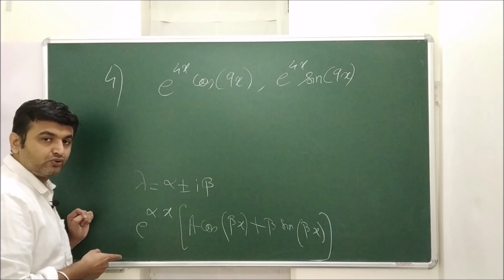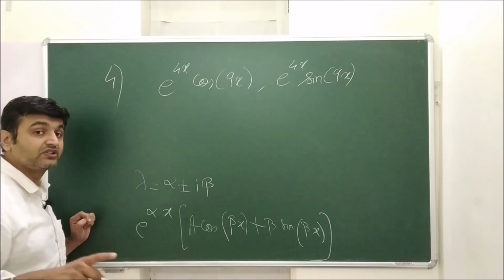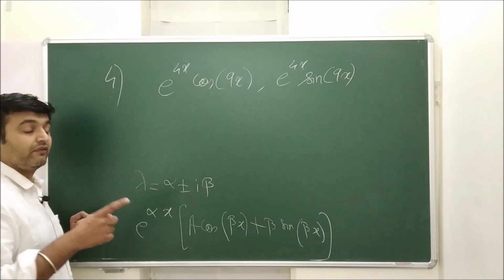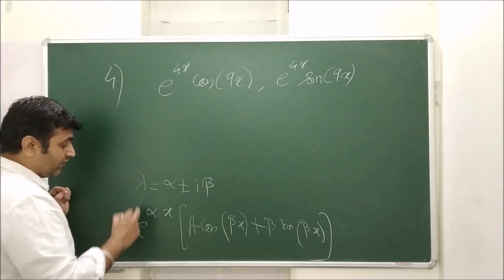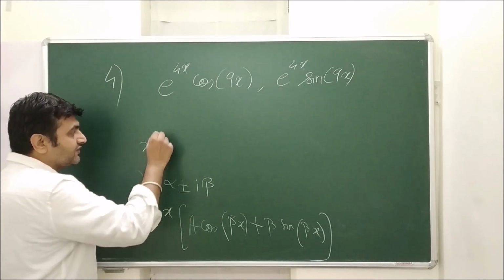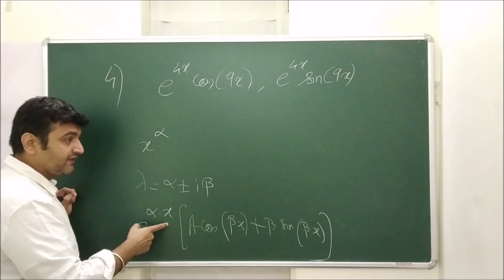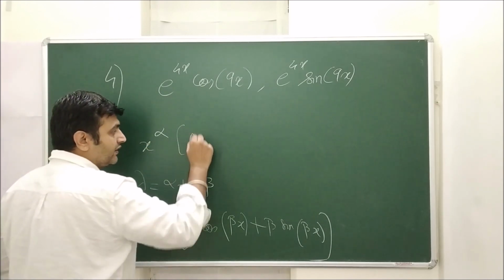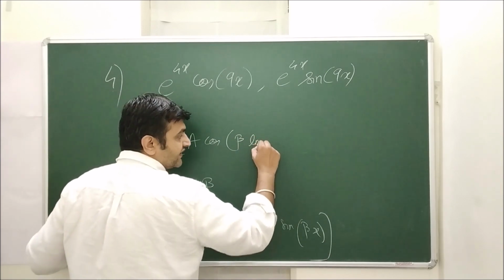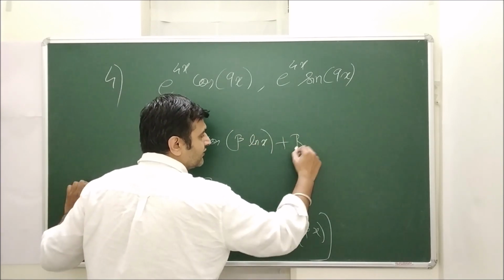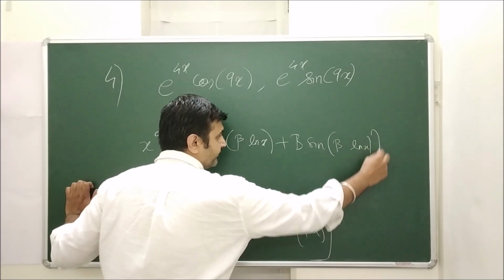This is how the general solution for a second order homogeneous linear differential equation with constant coefficients looks when the roots are complex. For Euler-Cauchy, if you remember, instead of e it is x raised to real part: a cos of imaginary part into ln x plus b sine of imaginary part into ln x.